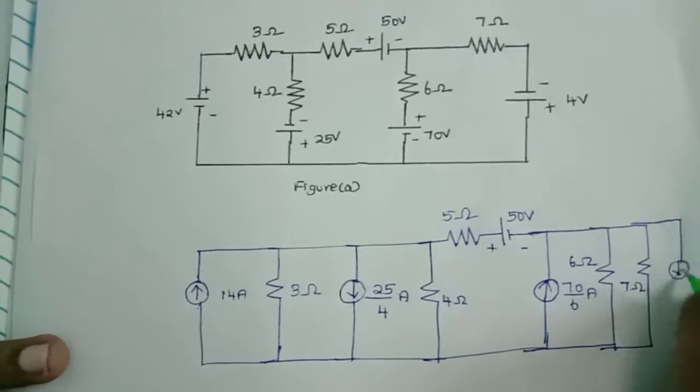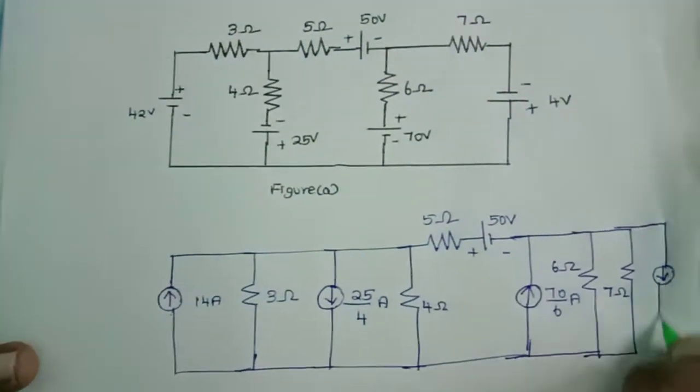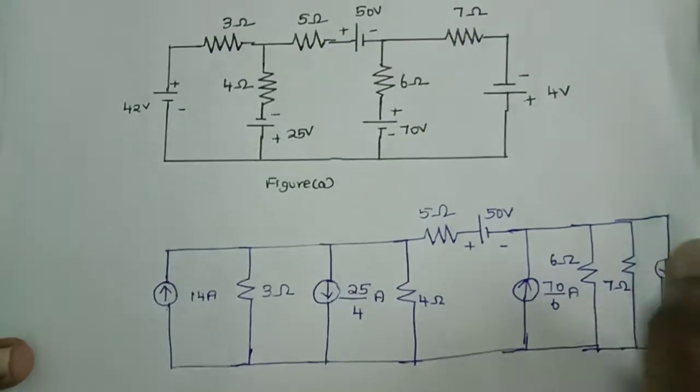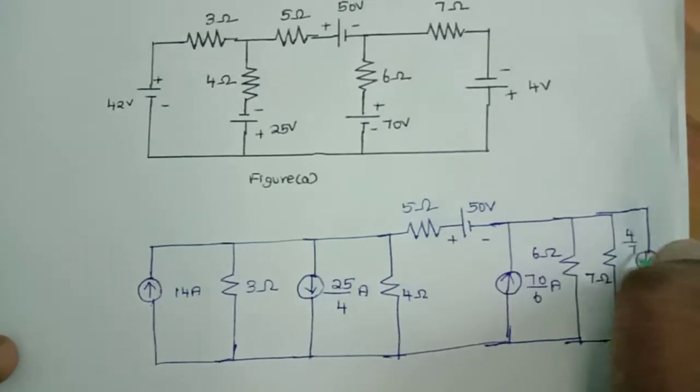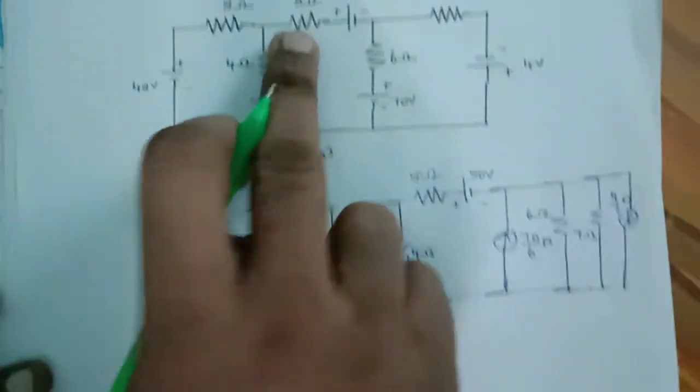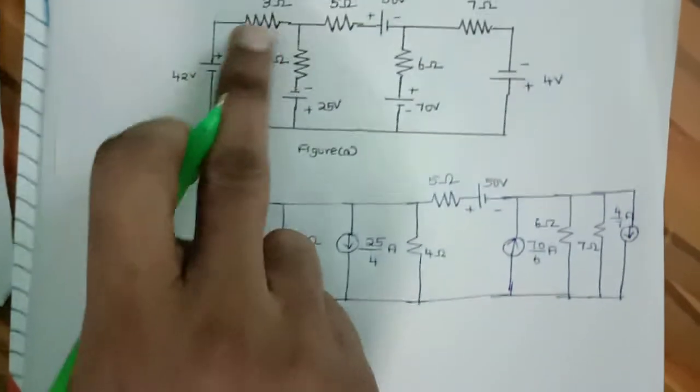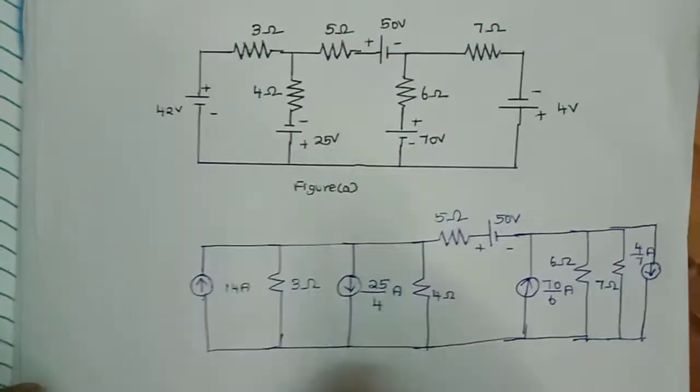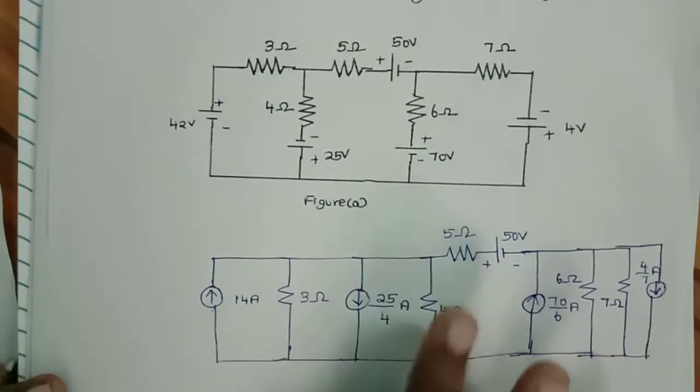I equals V by R. Here V is 4, R is 7, so 4 by 7 amps. This is the source transformation technique. Excluding this 5 ohm, all the voltage sources in series with a resistance are converted into current sources. This is my finalized circuit.